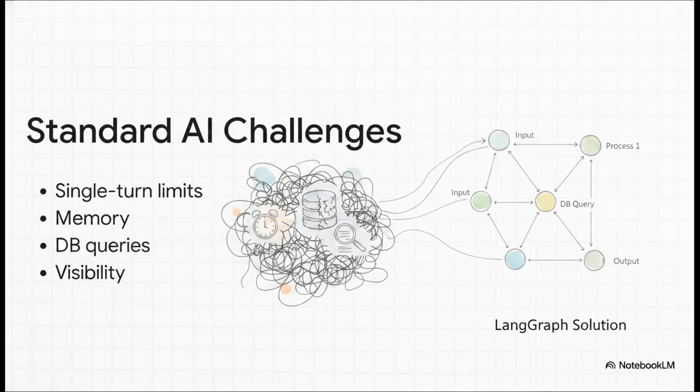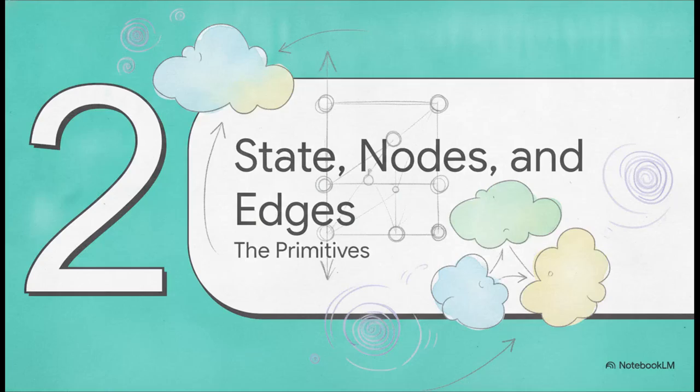LangGraph tackles this by giving you a clean, unified structure. Instead of writing bespoke code for literally every scenario, LangGraph treats your agent as a graph. That means every single reasoning step, every tool call, and every response becomes a visible, inspectable part of the execution flow.